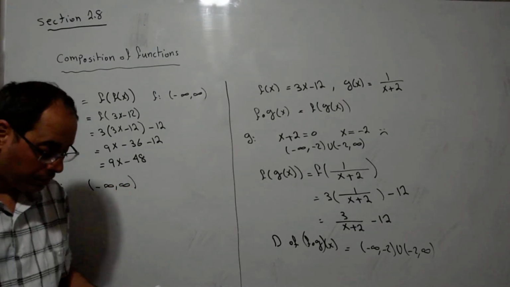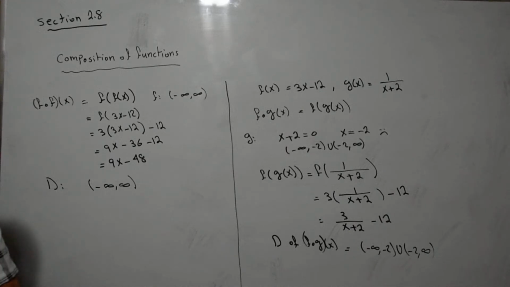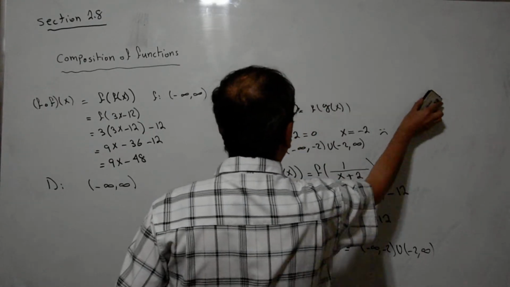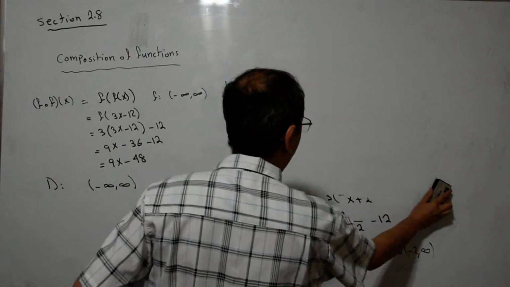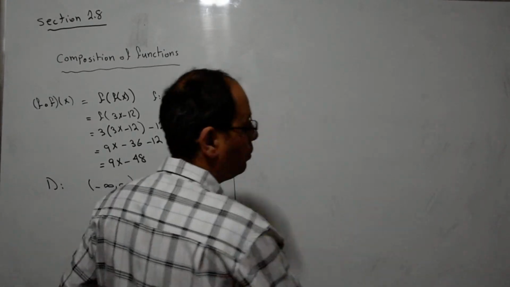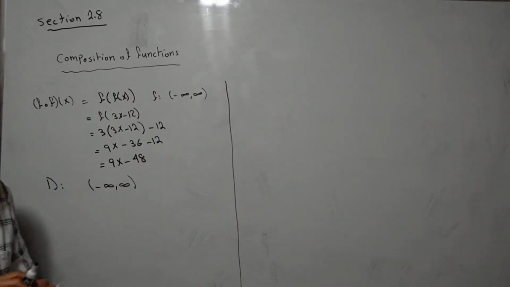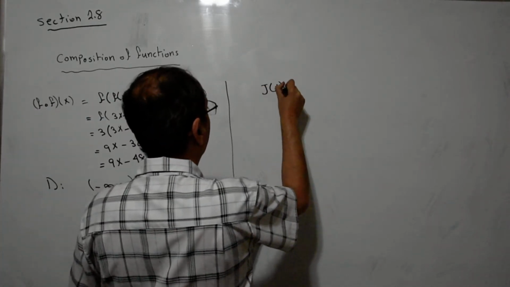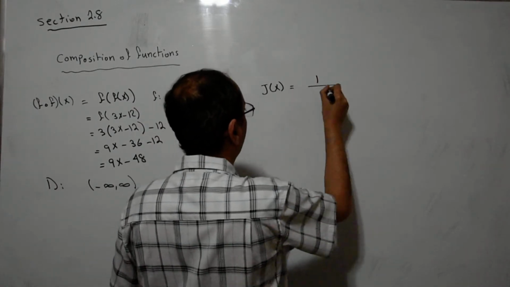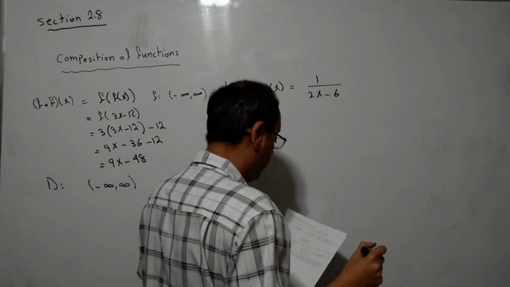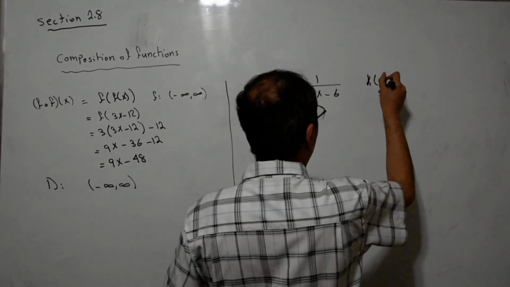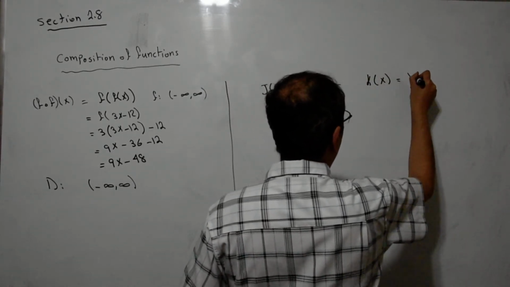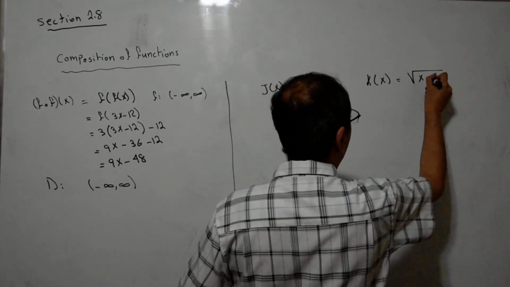Okay? Sweet. I have a little different example. This example is a little complicated, but it has everything in one example. So let's do that. I have j of x equal 1 over 2x minus 6, and k of x equals the square root of x minus 7.